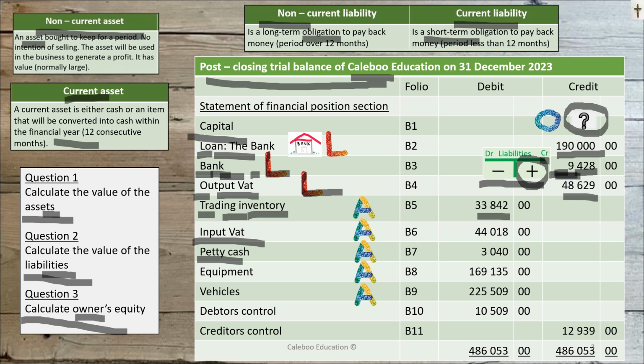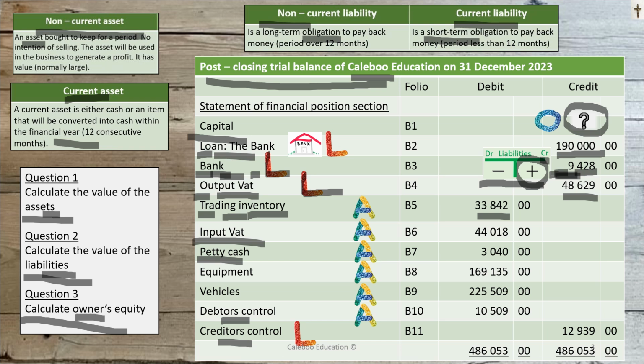So you can see I'm categorizing all these items according to the definitions which I gave you at the start of this slide. Debtors control, people or business to whom we've sold to on credit. They owe us money. It's an asset. Creditors control, we owe our suppliers. That's accounts payable. By the way, debtors control, accounts receivable, creditors control, accounts payable.